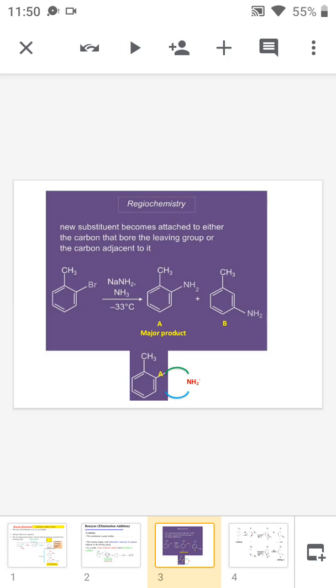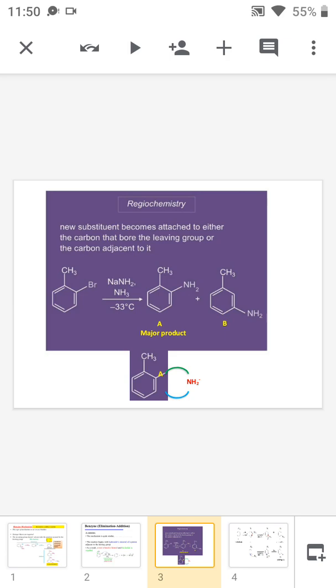So here also NaNH2 is the base, and it will pick out the most acidic proton, and here the most acidic proton is the hydrogen which is very close to the bromine, and it will form the benzyne intermediate.